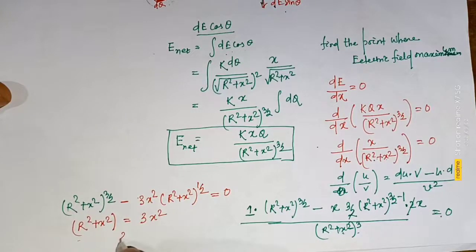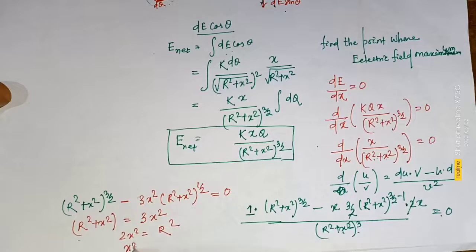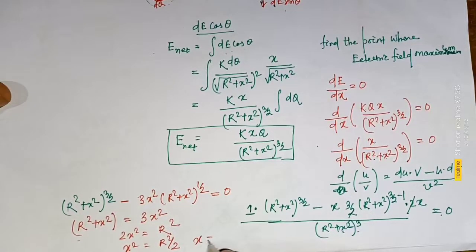So 2x square equals r square. X square equals r square upon 2, and x comes out as plus minus r by root 2.